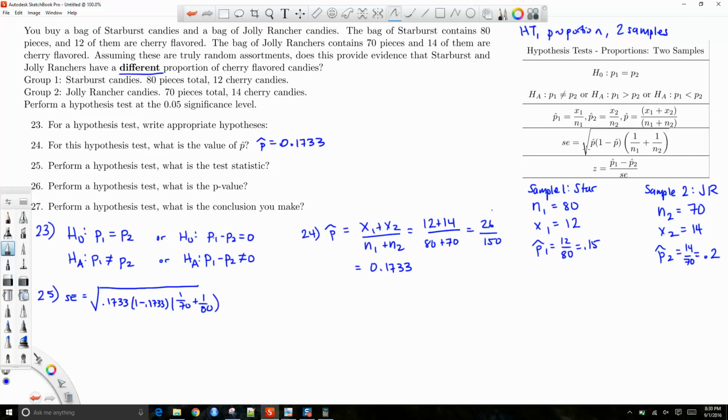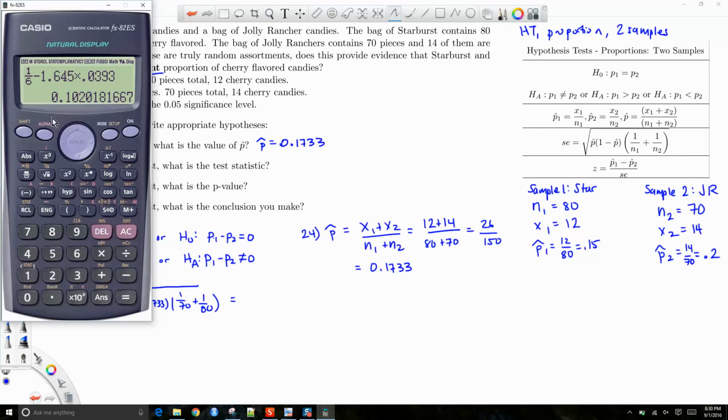Okay, 1 over n1 plus 1 over n2. Okay, this is going to be some number here. Okay, and I get 0.06194.